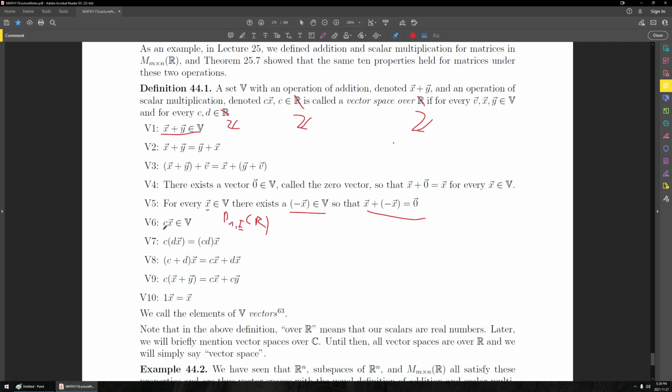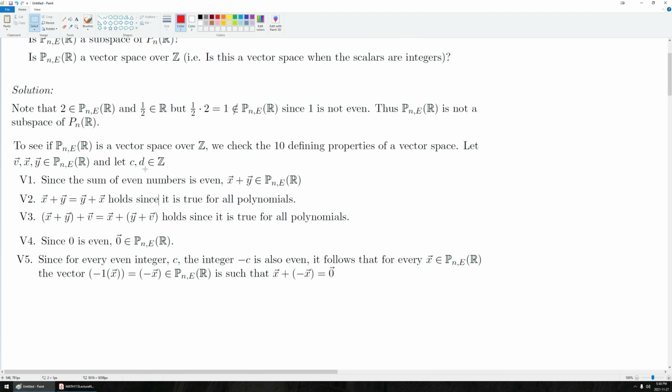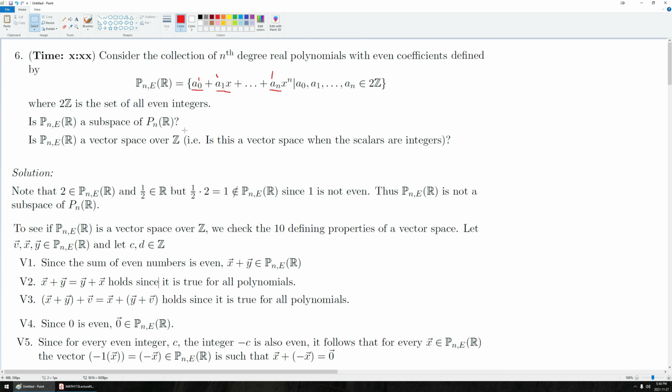This is saying that if I take any one of my scalars and I multiply it by my polynomial, that's still contained in the vector space, right? Closure under scalar multiplication. Is that true here? Well, it wasn't true for real numbers, right? If I took my scalars to be real numbers, this was not true.